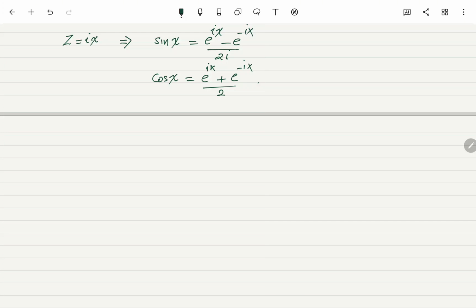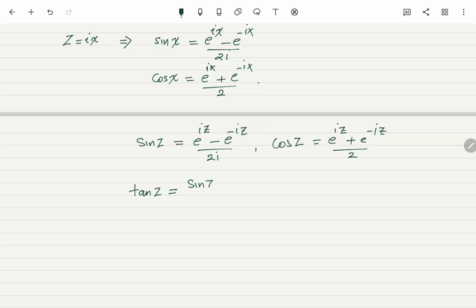As a generalization, sine z will be equal to (e to iz minus e to minus iz) over 2i, and cosine z equal to (e to iz plus e to minus iz) over 2. From this, tan z is actually equal to sine z over cosine z.